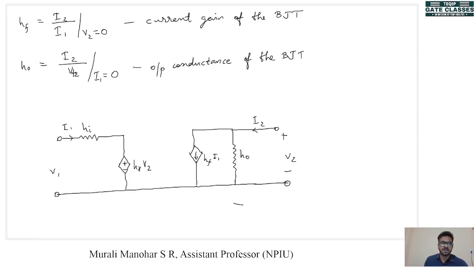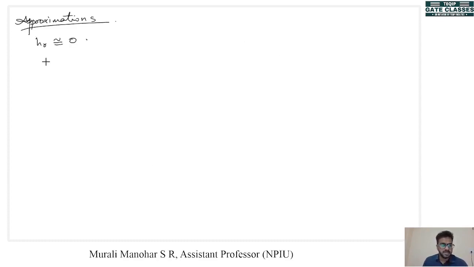And we know that if it is a common emitter configuration, I2 is IC and V2 is VCE. And if it is common base configuration, I2 is again IC and V2 is VCB. In both these cases, IC doesn't change much, right? So the output current remains almost constant. That means HO must be a very large value, around infinity, right? So since HO is a large value, it can be approximated to infinity.